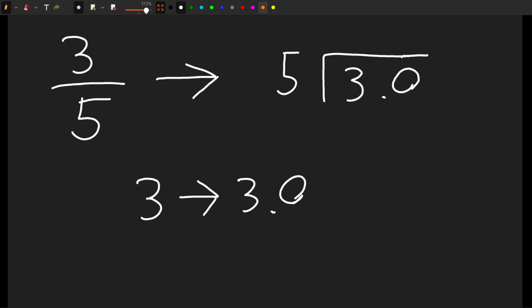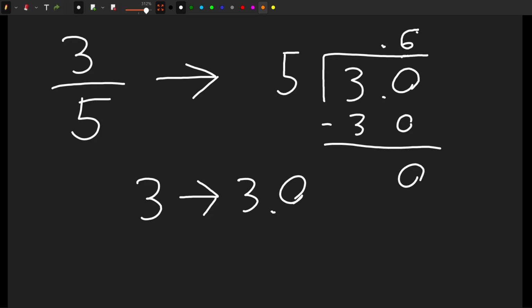That's a trick we're actually going to do here. We're going to change the 3 to be 30, and then we're going to add the decimal up to the top, like we usually do for division. Then we're going to say, how many times does 5 go into 30? Well, it goes in 6 times. And then 5 times 6 is 30. Subtract this out, we get 0.